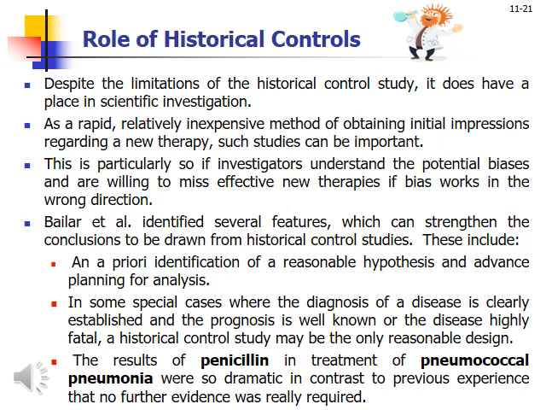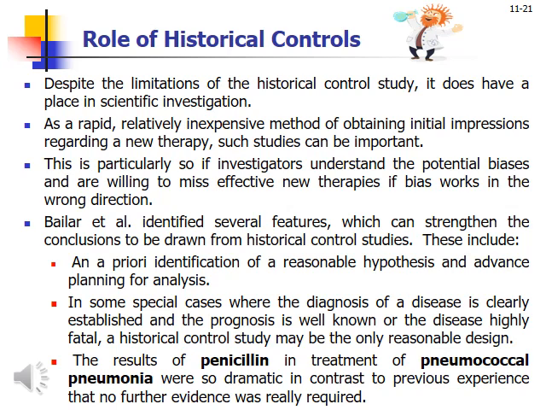Pyler et al. identified several features which can strengthen the conclusion to be drawn from a historical control study. These include a prior identification of a reasonable hypothesis and advanced planning for analysis.